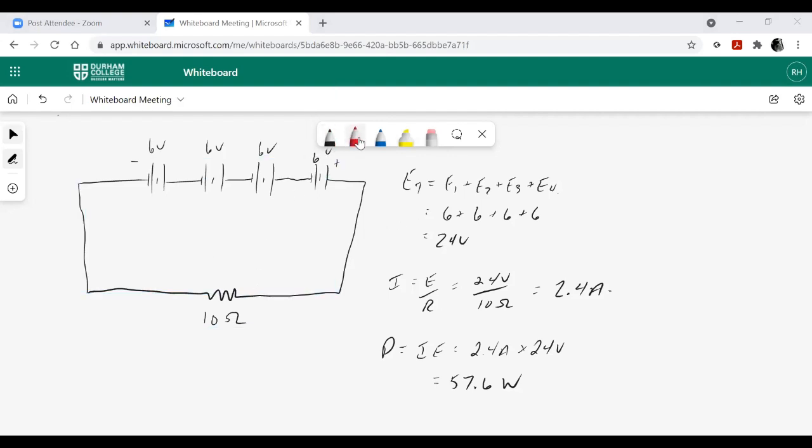So if I was to take a voltmeter and I was to measure across this resistor, what would that voltmeter read? What would the voltage drop be across that resistor?